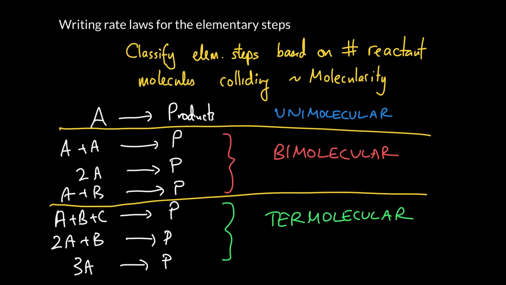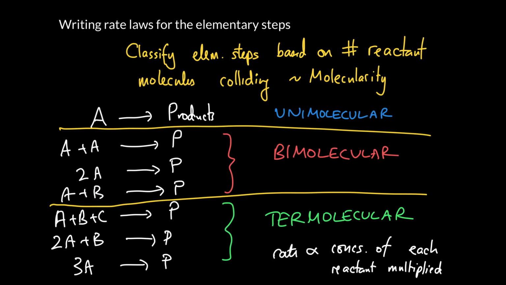So now we've got names for these different types of elementary steps, and what's really exciting is that the rate of each elementary step is proportional to the concentrations of each reactant multiplied together. What do I mean by that?